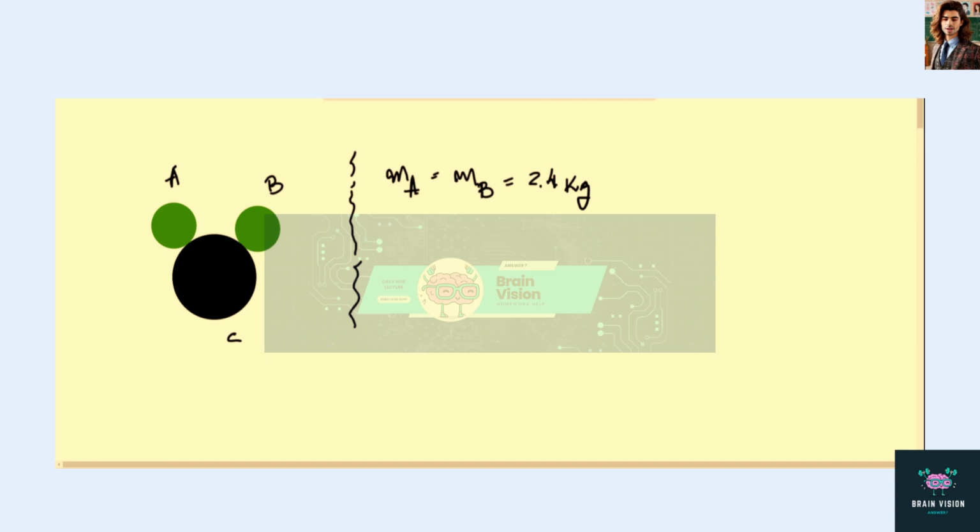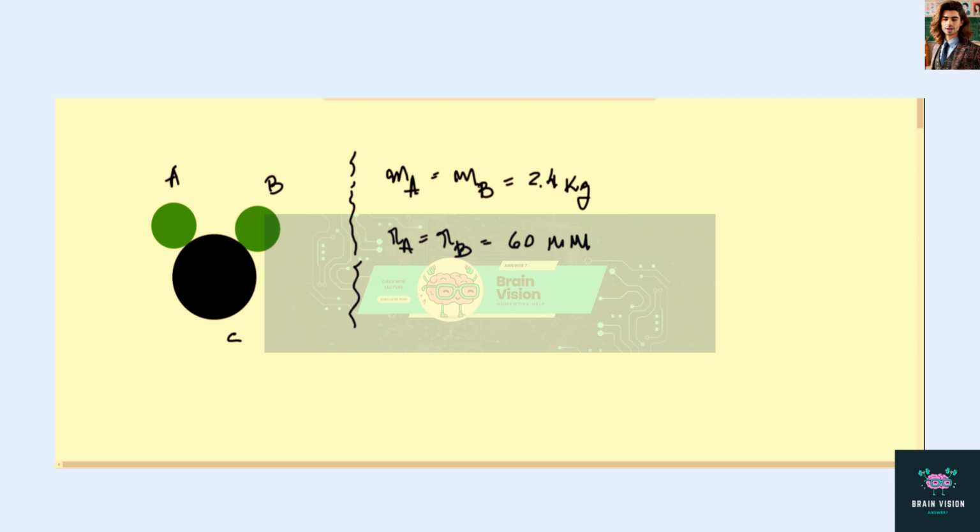What else do we know? We know that the radius is 60 millimeters. So we have the radius A equals the radius B, that is equal to 60 millimeters.